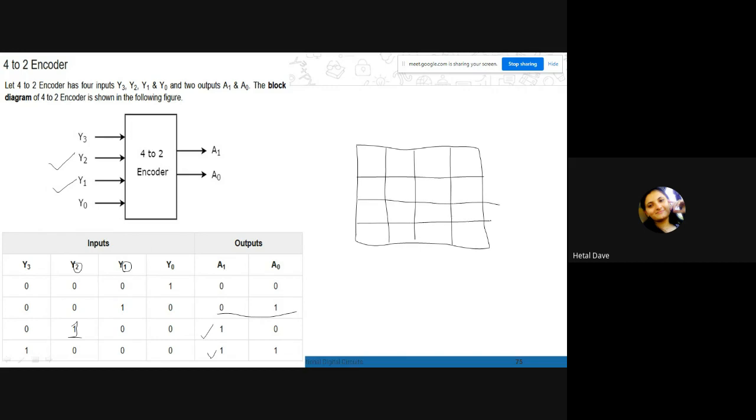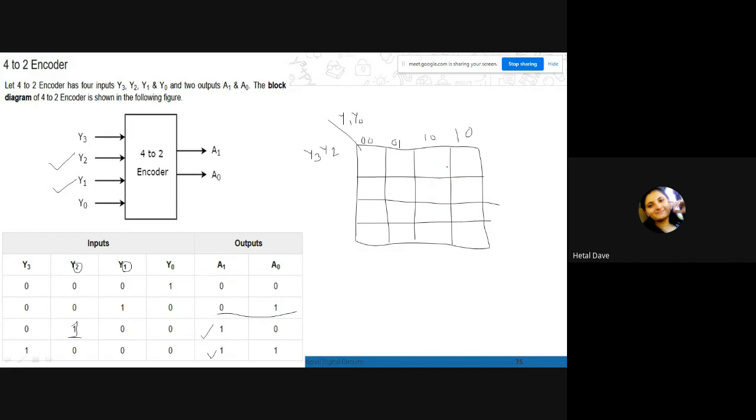Is there any doubt? Then here, let's say, MSB first: Y3, Y2, Y1, Y0. So here 0, 0, 0, 1, 1, 1, and 1, 0.